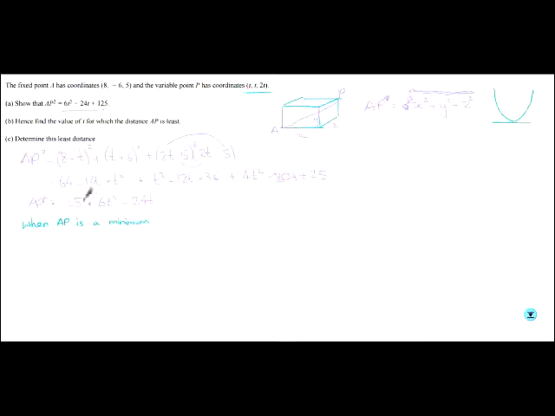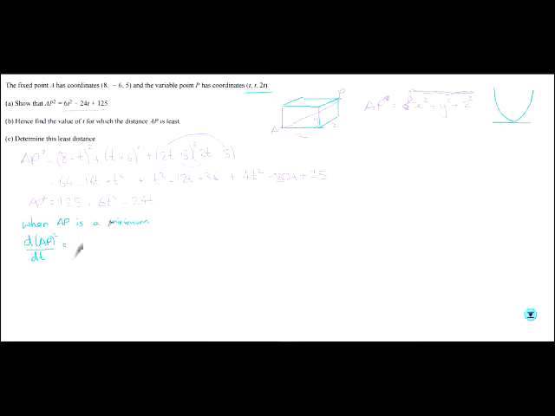So what we're going to do is just differentiate it, and there's nothing else you can really do at this stage. So I'm going to differentiate this. So it's going to be d of AP squared with respect to t, over dt.